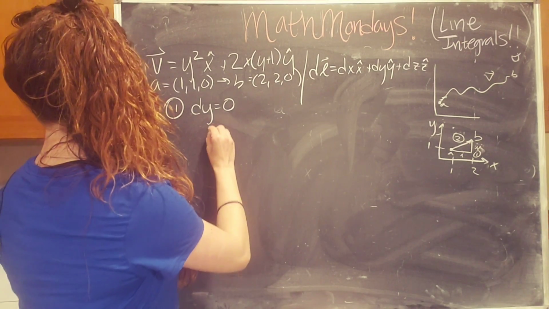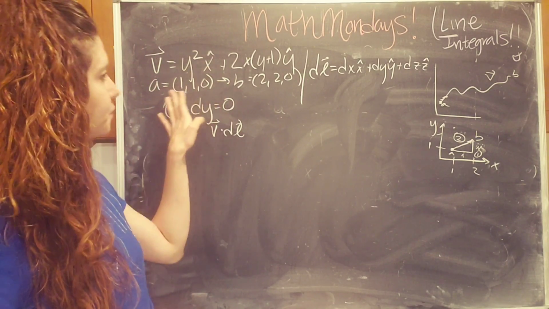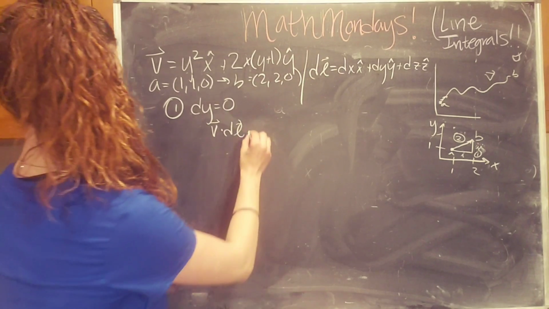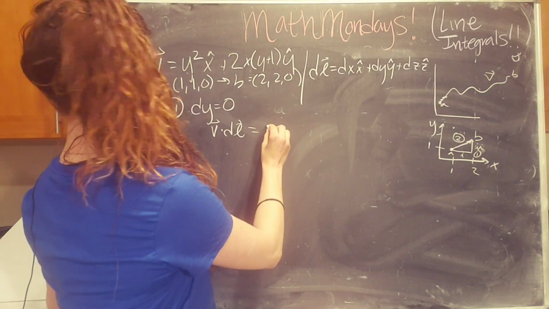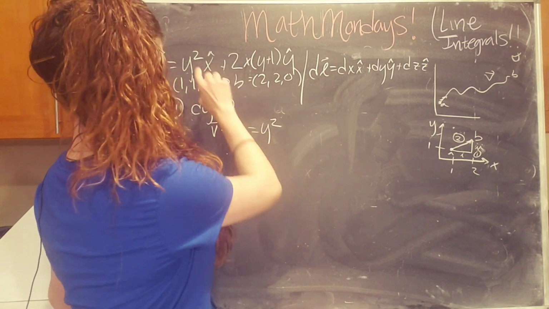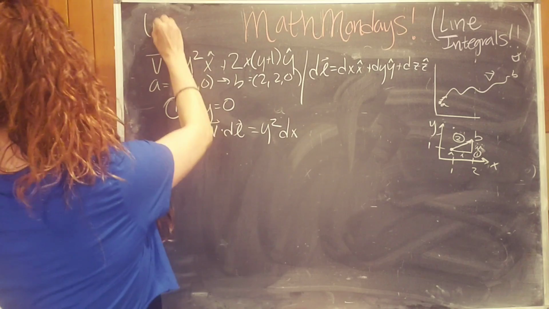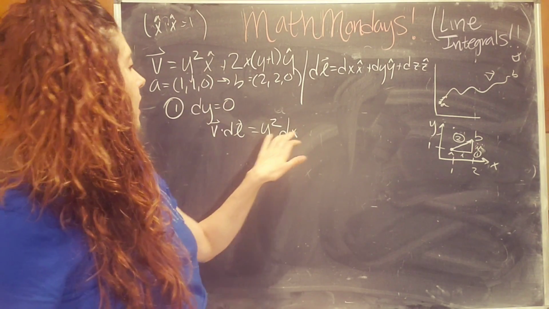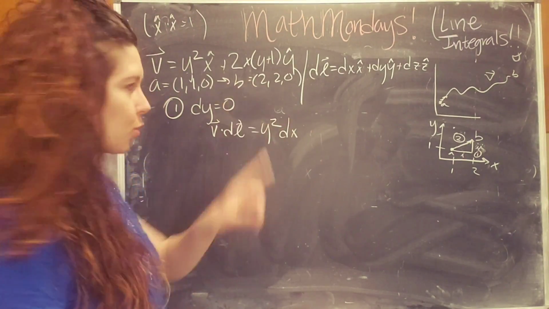So then in this case, when we do v dot dL and we multiply the components of v with the components of dL, we get the x hat pieces multiplied together to give us y squared times dx. And just note that a unit vector times itself is going to equal 1. And in this case, the dy pieces go to 0, so that's all we have.